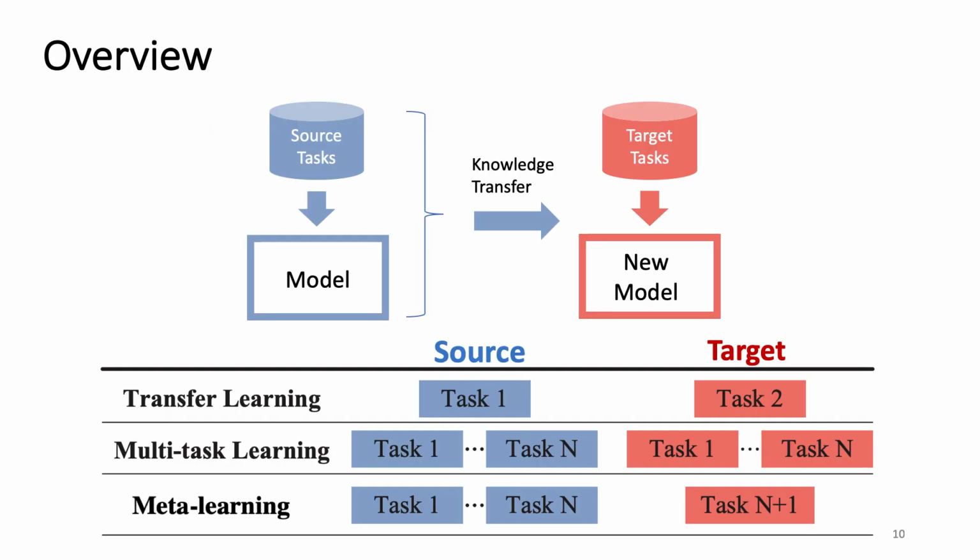And so, just to give an overview, the idea of this big category is that we have some source tasks, and from those source tasks we can train a model, and then we transfer the knowledge. Basically, we transfer what we learned from the source task data to the target tasks, and we train a new model for these target tasks.